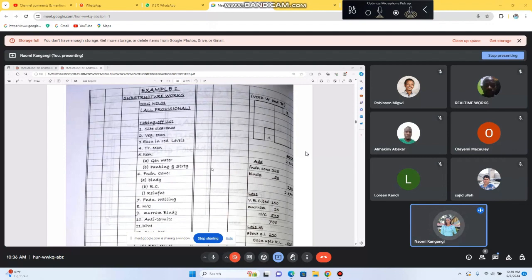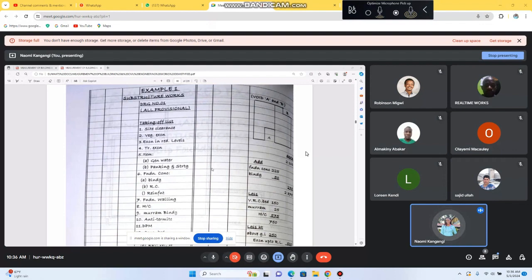Okay? So to calculate the depth, if we need to reduce the level, we shall take the depth from the ground up to the reduced level. If it was 500 from the ground level to the reduced level, and we had already removed 150 millimeters of vegetable soil, how much do we need to reduce the level? We have said it, 350.